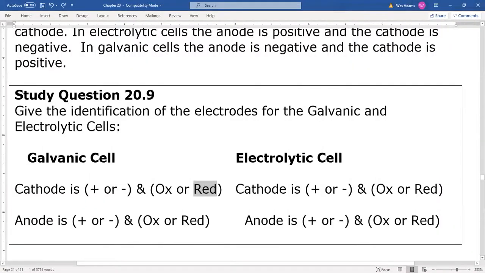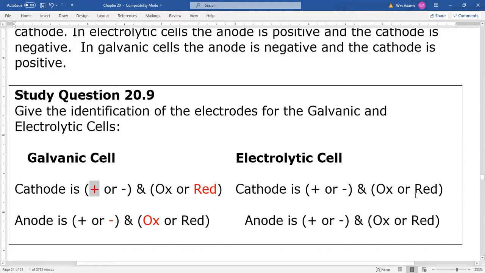So let's look at this particular question as a review. We've got the galvanic cell on the left, the electrolytic cell on the right, where the cathode is still going to be reduction. The anode for the galvanic cell, as we said, is oxidation. And then we said the anode was negative and the cathode was positive.